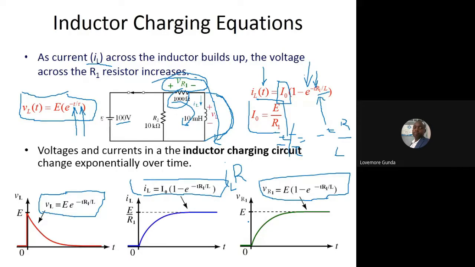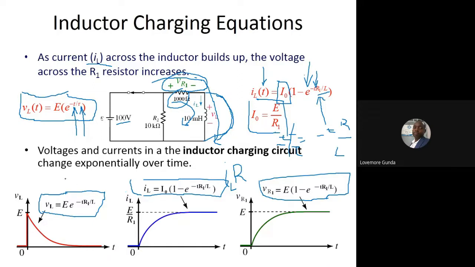The explanation being that when you try to establish the current through the inductor, the current will not increase instantaneously. If it cannot increase instantaneously, it means it will need some time to build up, and it has an exponential buildup for the current and exponential decay for the voltage, which was induced when a di by dt was introduced.